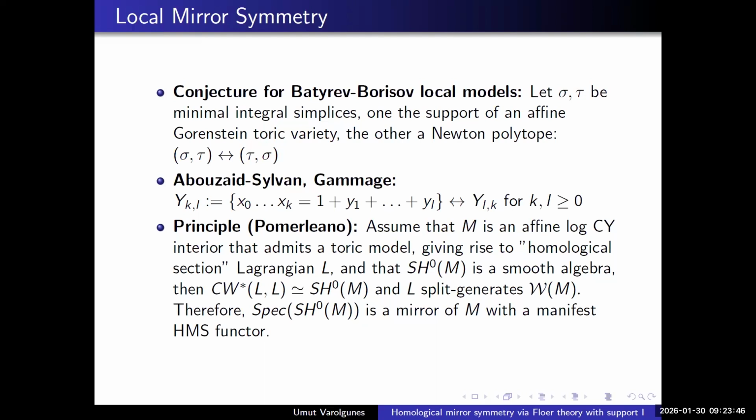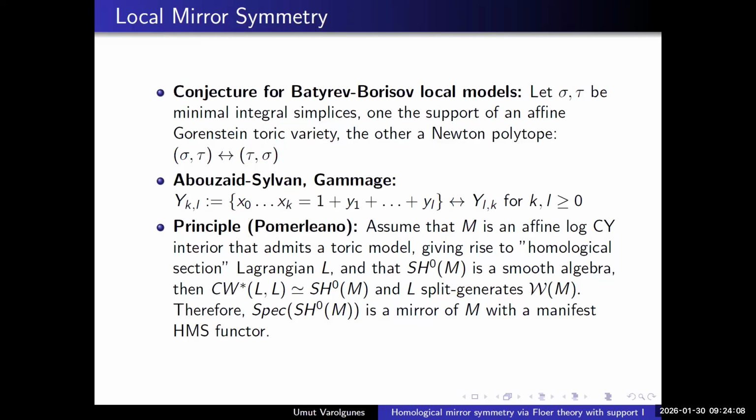If you have a toric model, you can construct a nice Lagrangian section. There is no fibration, but you can construct a nice Lagrangian, give a precise definition of what it means to be a homological section, and check that it holds under some geometric conditions. That's in Dan's paper.